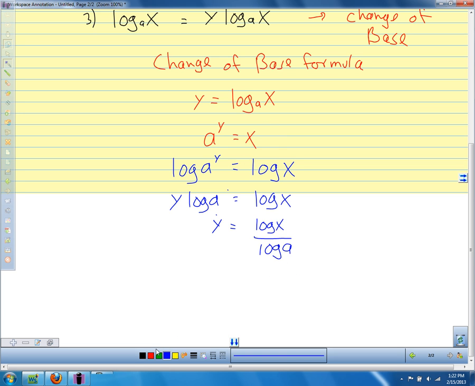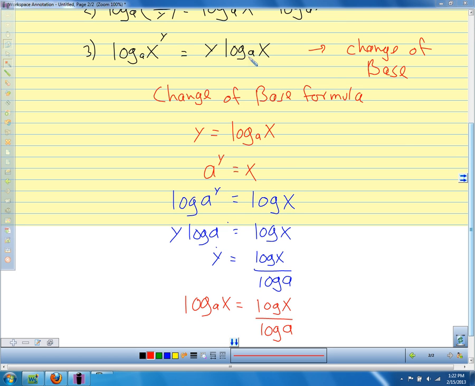And y was log base a of x, so log base a of x equals log x over log a. And that's our change of base formula.